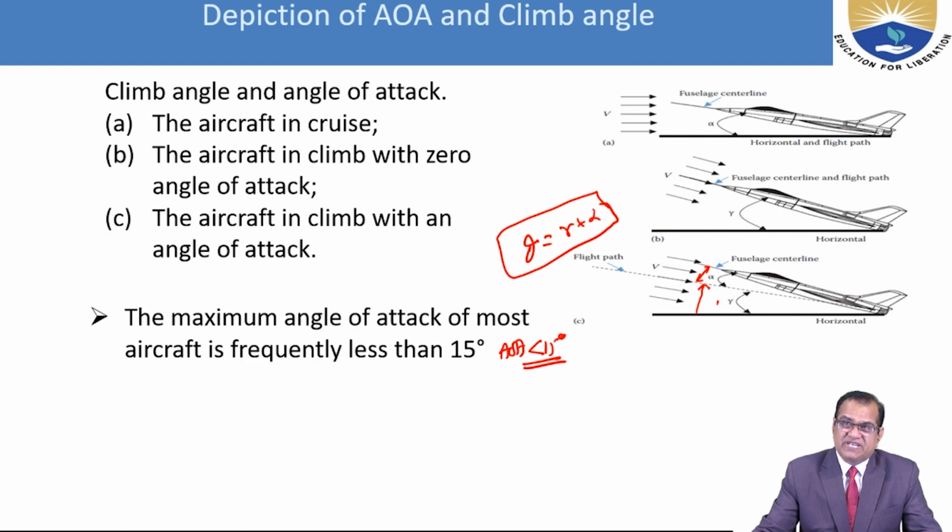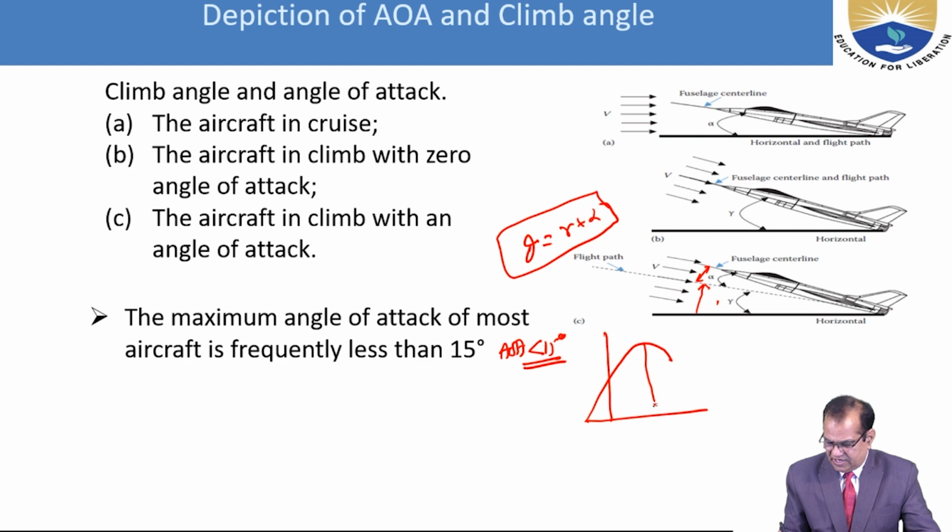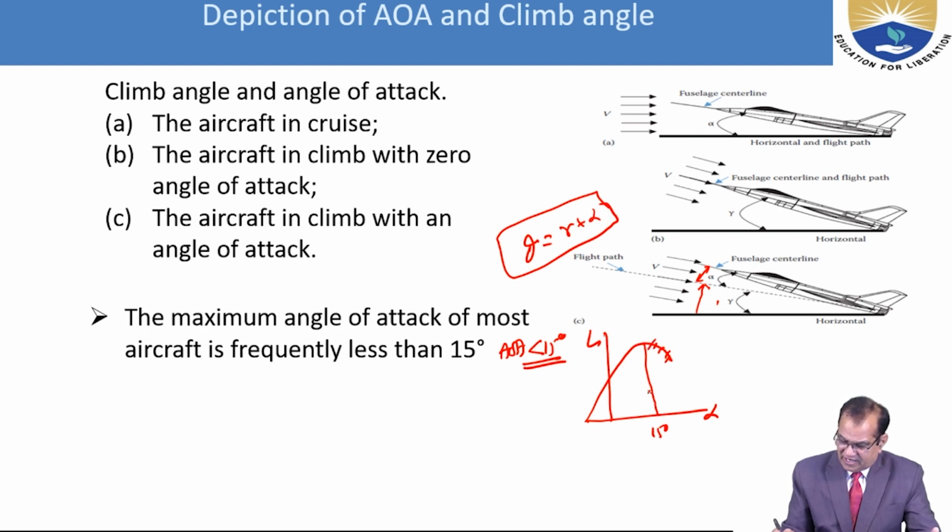Because after 15 degrees, the aircraft wing will stall, lift will be reduced, drag will be increased. If I make a plot for this, this is nearly 15 degrees. After that, in the plot of lift versus alpha, lift will be reduced, and if I make the plot of drag, it will increase like this.